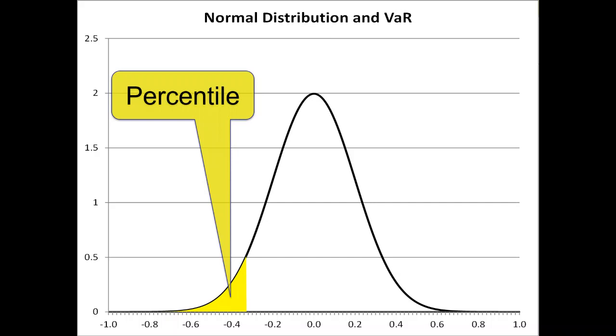Now, pictorially, we choose a percentile, 95th percentile, 99th percentile, whatever it happens to be, and value at risk is this edge of the distribution. 5% of the losses are bigger than this number. So we use value at risk in all sorts of ways, but we have to make decisions about these parameters. For example, as I said before, if my holding period for my position is on the order of a day, then a one-day number makes sense.